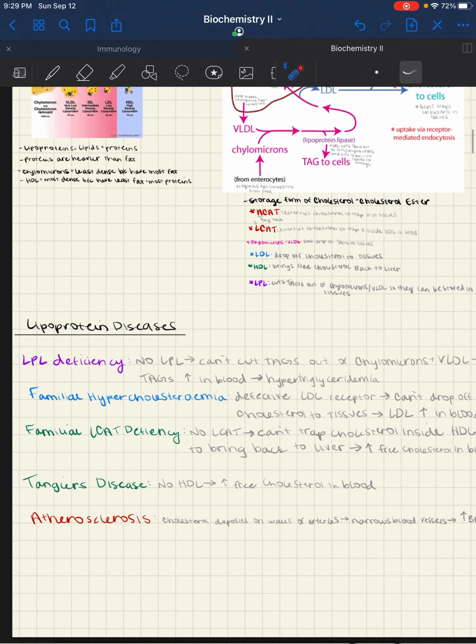So both familial LCAT deficiency and Tangier's lead to hypercholesterolemia. It's just that they're being caused by different things. So familial LCAT deficiency, what do you think it's caused by? Being deficient in LCAT. Tangier's disease is not as obvious. I haven't thought of a way to remember it, but it's when you don't have HDL.